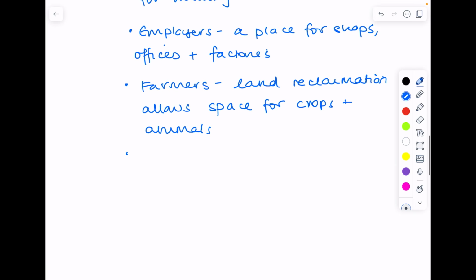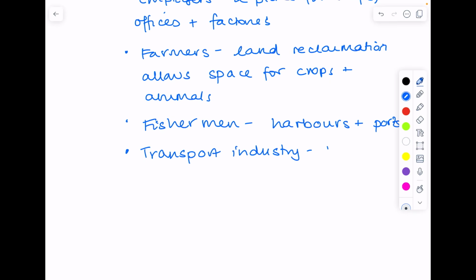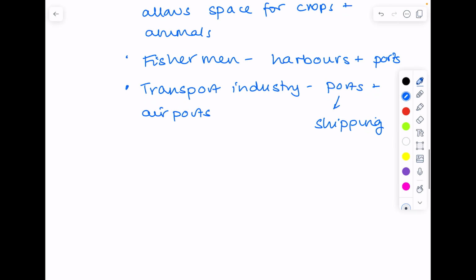Any harbours and ports provide work for fishermen. Now the transport industry will build ports and airports close to the coast for obvious reasons. Particularly those ports will allow the movement of shipping containers. And then finally tourists, which is probably the one which you'll think of first of all, who will be using the beaches and hotels which have been built there.